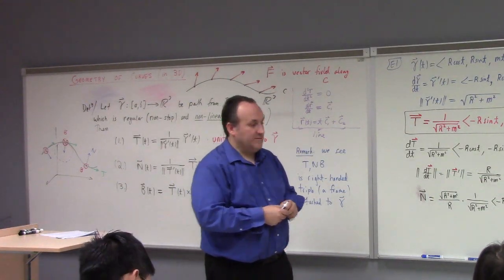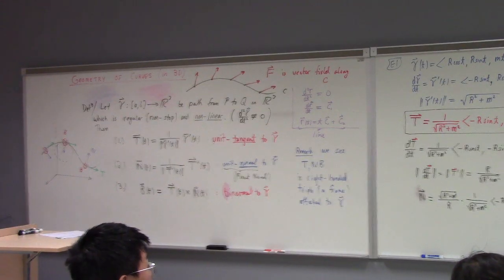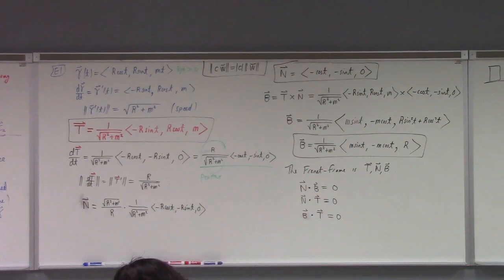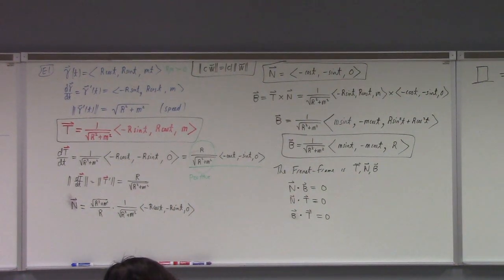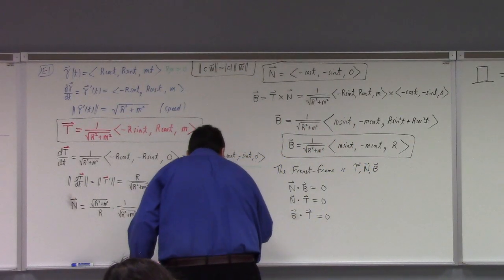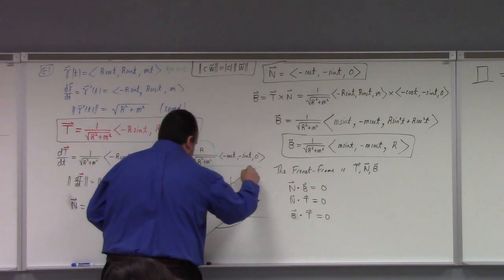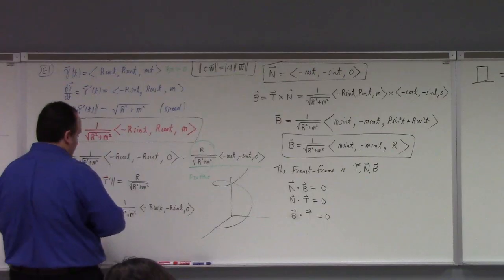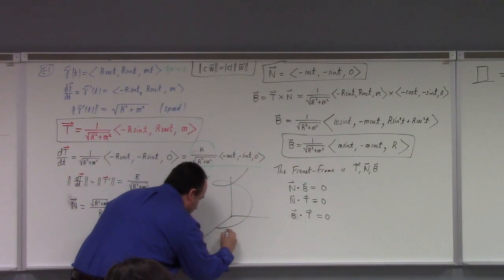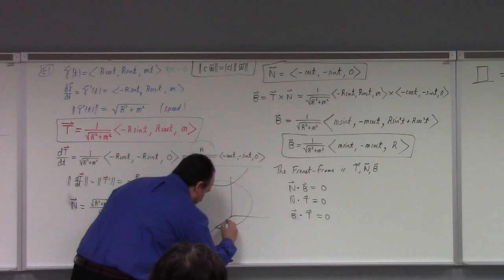Now we can picture these three for the helix, and I think it's instructive. So here's my attempt at drawing the helix. So the unit tangent, to start with, is horizontal like this. The unit normal points like that.